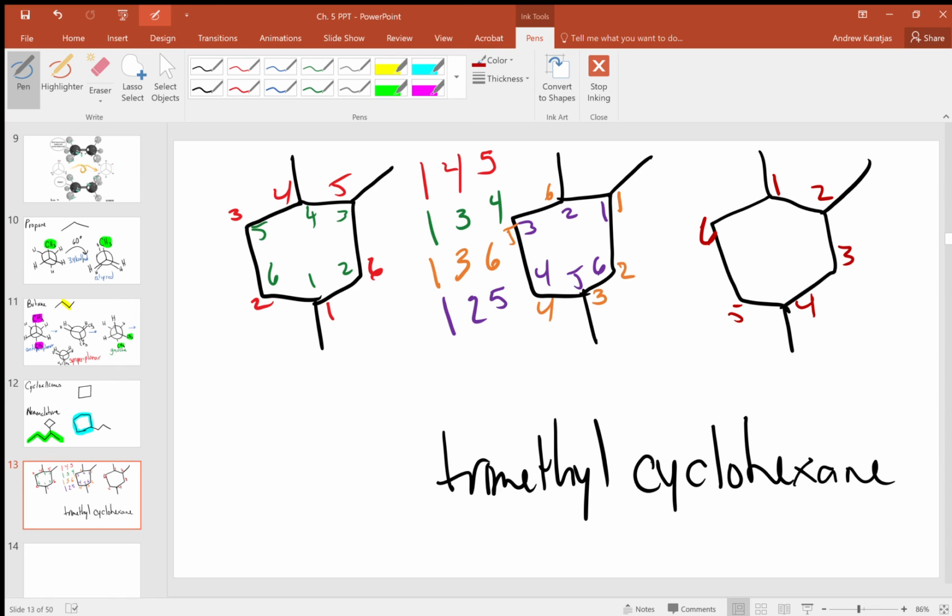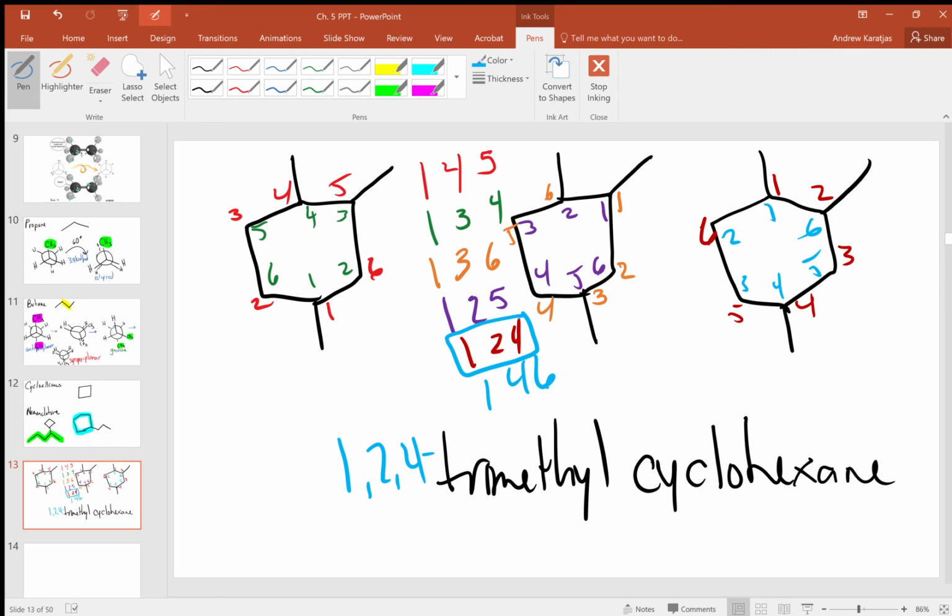And you can see that one gives us 1, 2, and 4. And we've got one other option, which is to go the other way, which gives us 1, 4, and 6. So we can see clearly that this is the one we want.